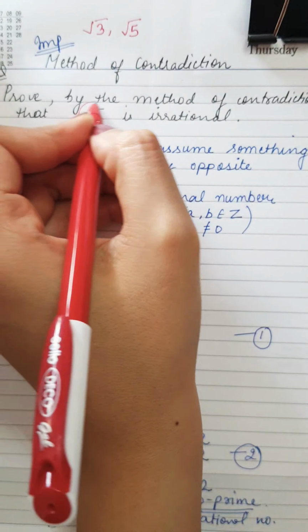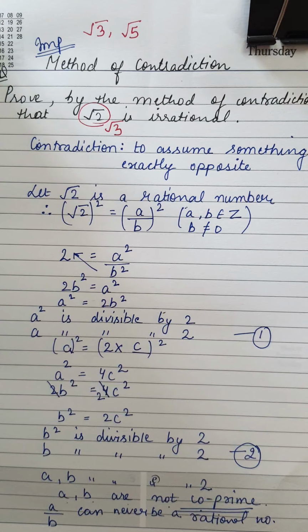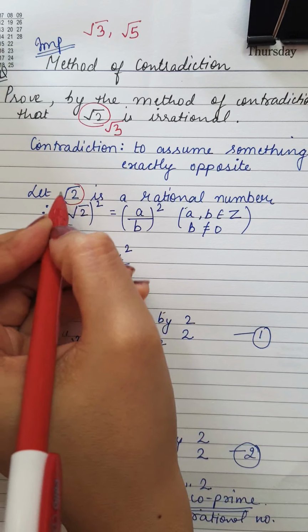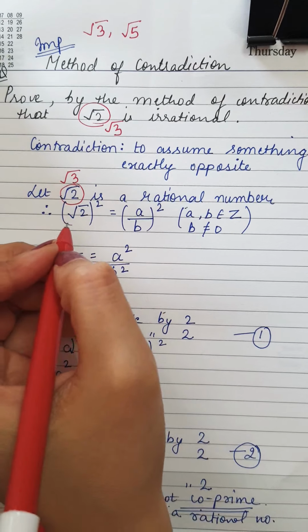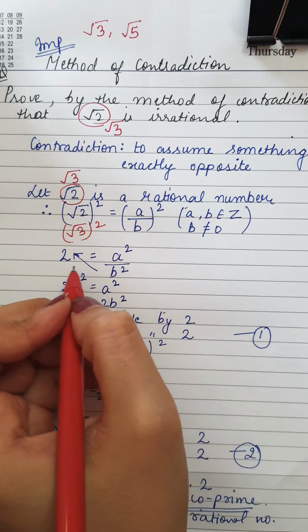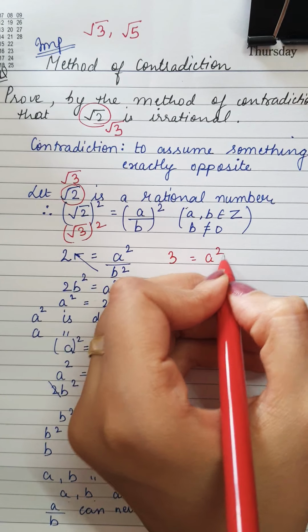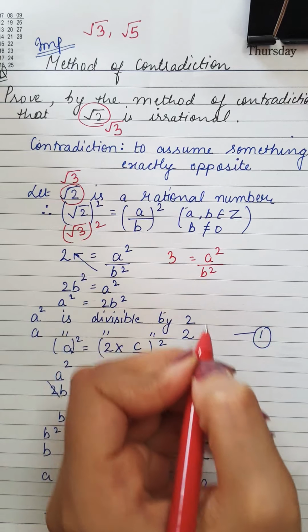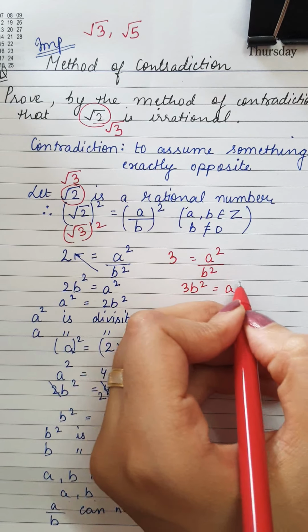Suppose the question is prove √3 to be irrational. So what all changes do I have to make? I will change this. Let √3 be a rational number. So here √3 whole square, at this place I will have 3 equal to a² upon b². When I cross multiply, I am left with this.